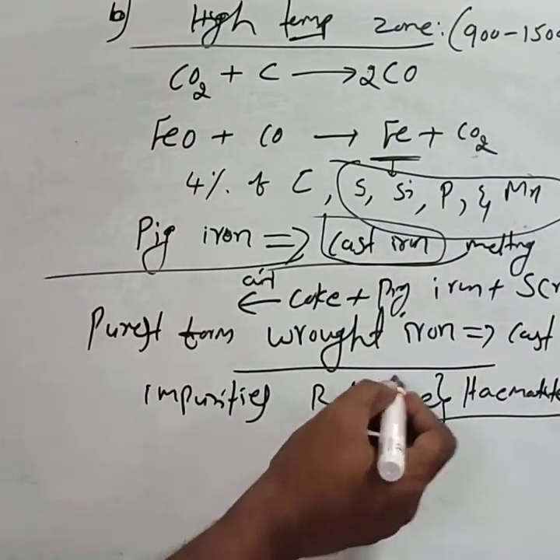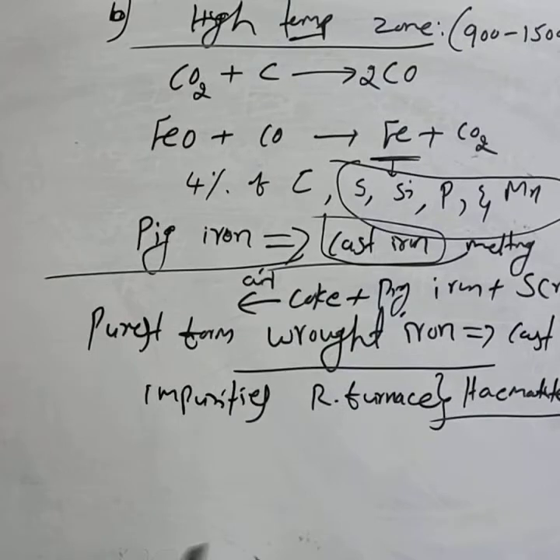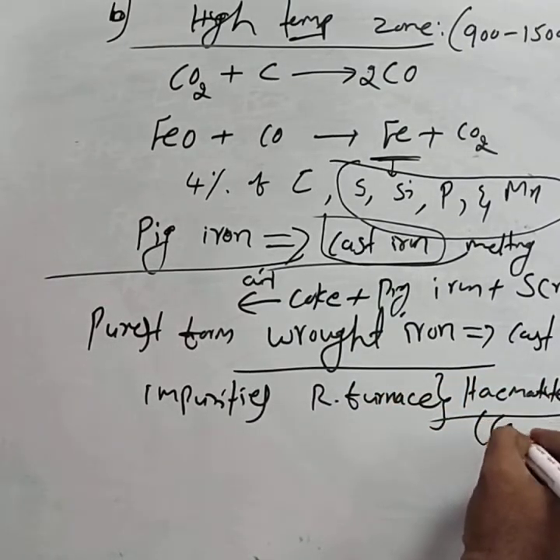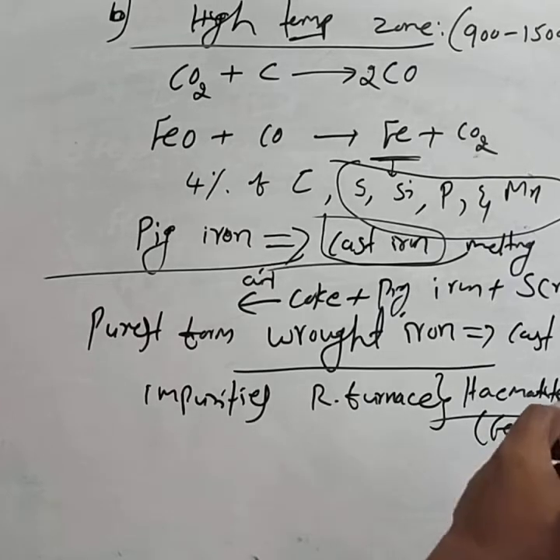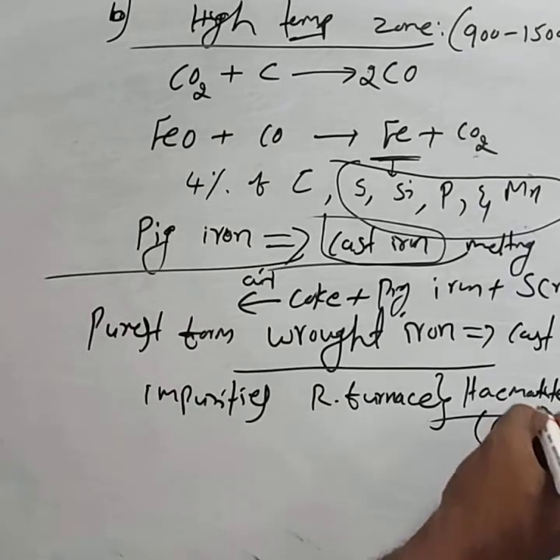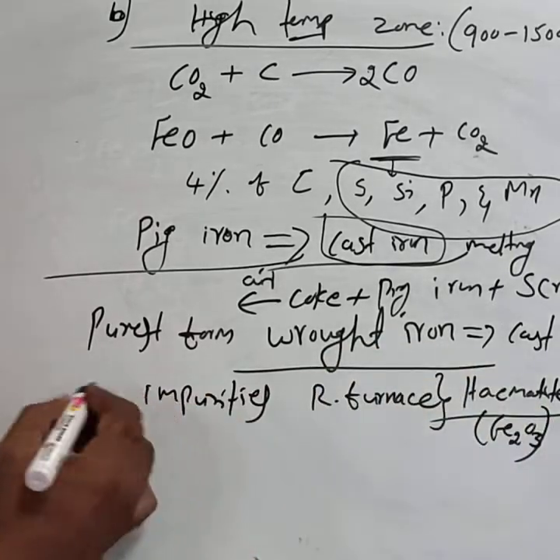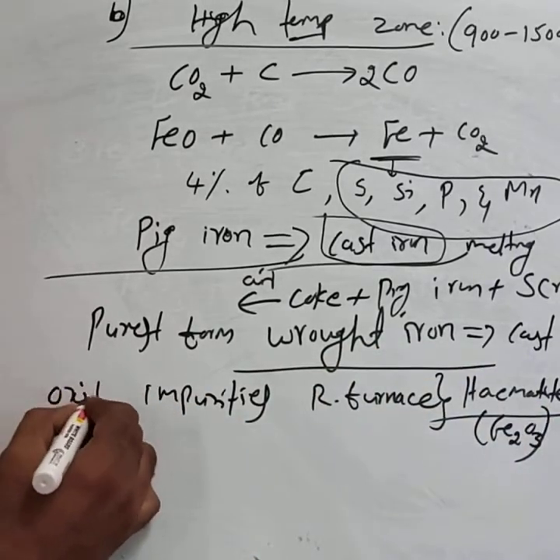Why is the furnace lined with hematite? Hematite, formula Fe2O3, supplies the oxygen to oxidize the impurities.